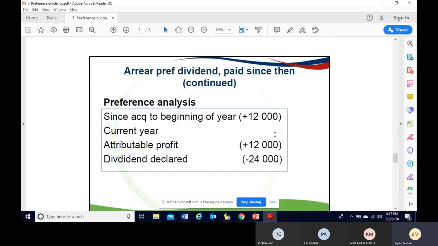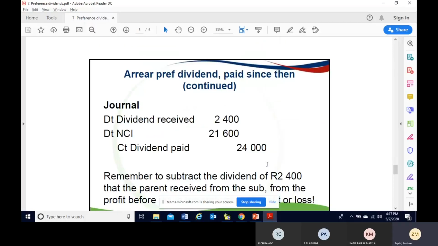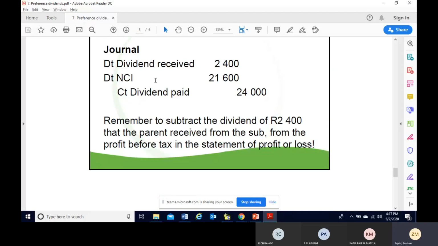But in your analysis of equity, you will first transfer the profit from ordinary analysis into since beginning of the current year and also in the current profit, and then what was declared will also be subtracted as 24,000. So arrear preference dividend paid since then, this will be the journal. Remember here, it's the percentage. So the parent has 10% and the non-controlling interest has 90%.